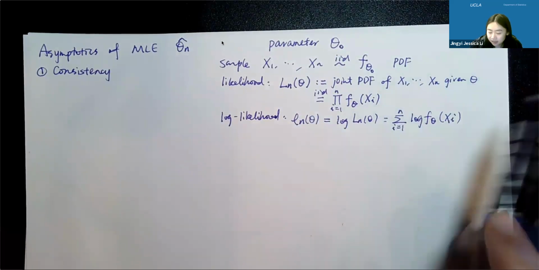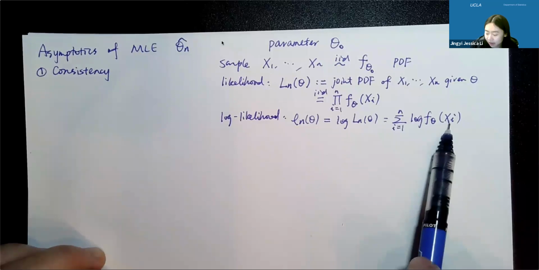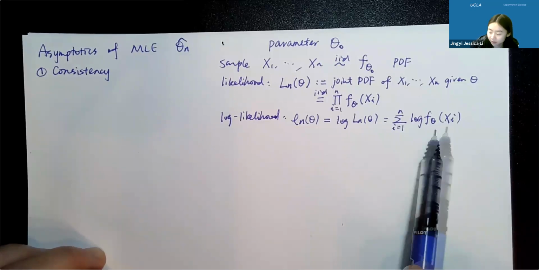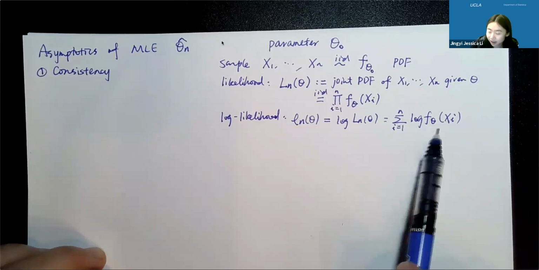And you see the x1 to xn are still IID, so I still have that nice property. Given our past lectures, we have seen many cases where the statistic is an average of IIDs. In terms of x1 to xn, this formula is also a sum of IIDs.